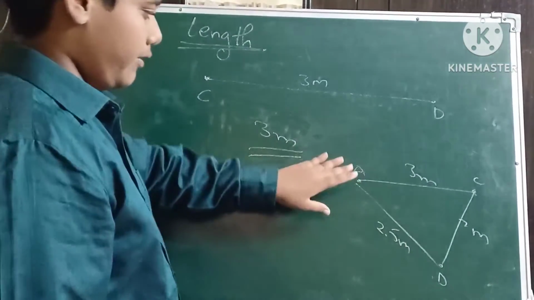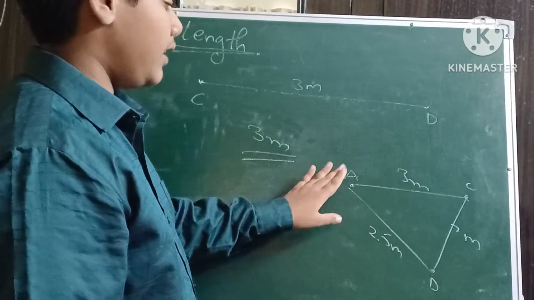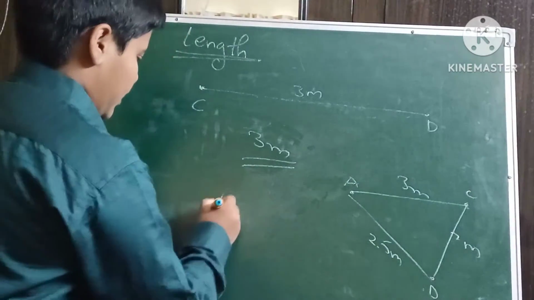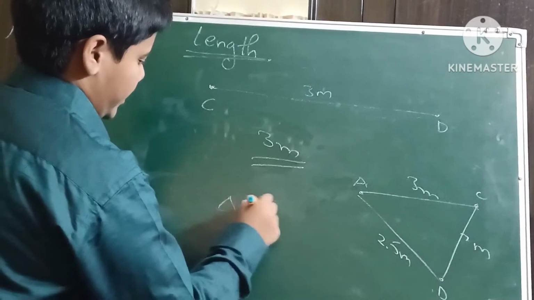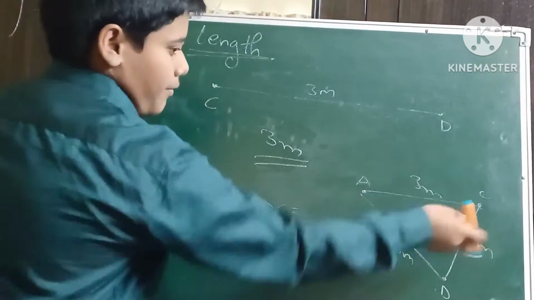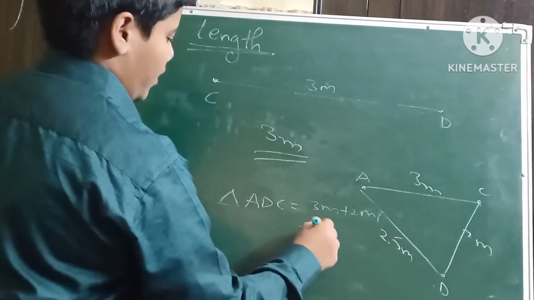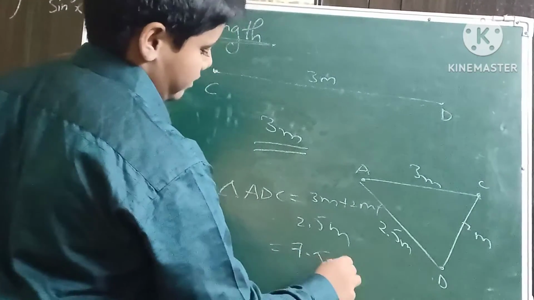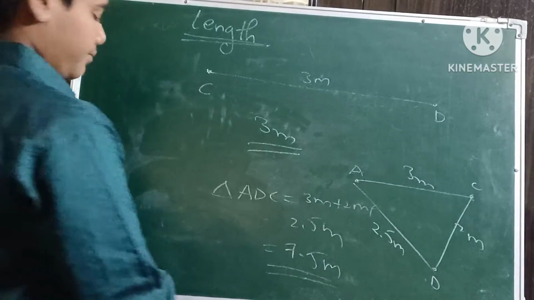Then what is the length of triangle ADC? The length of triangle ADC equals the sum of all sides: 3 meters plus 2 meters plus 2.5 meters, that is 7.5 meters. This is the length of this triangle. Okay.